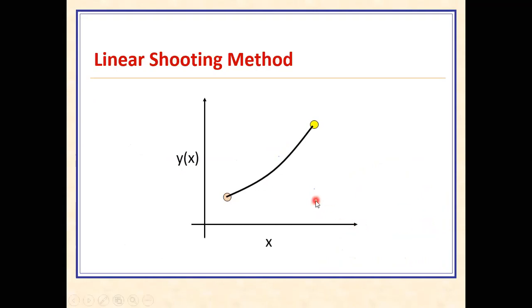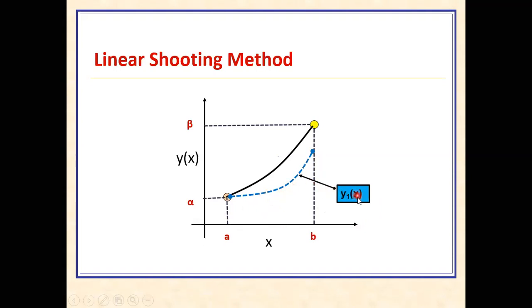In pictorial form, for our boundary value problem, which is given with two distinct boundary conditions, we solve the first initial value problem and get its solution as y1 of x, which is the solution of a similar second order initial value problem, and we solve another initial value problem, and its solution would be y2 of x.